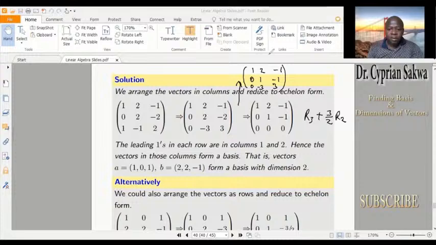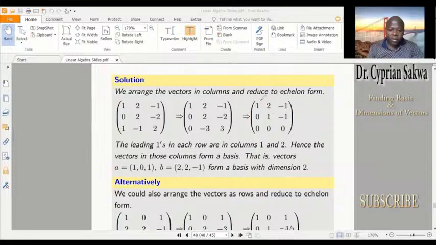So let me now do this: from this I come to this, and I want this to be 0. So what I did was I took row 3 plus 3 row 2 to give my new row 3.